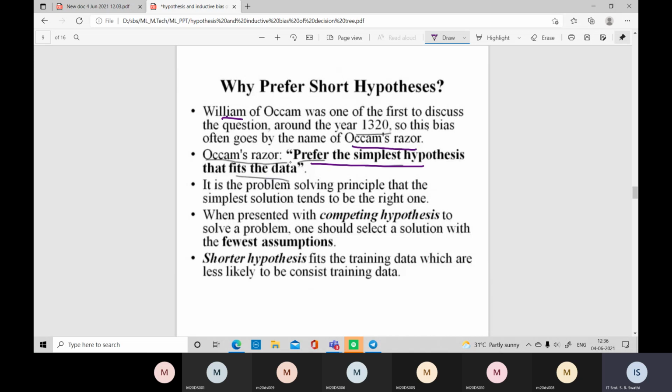Occam's razor says that if two trees have the same information gain value, then choose the tree which has the shortest length. When you choose the tree of shortest length, we normally generate a very short hypothesis through which we can generate a very simple solution in a very small amount of time. It was proved by William that the solution is generated in a very simple manner and in very little time.